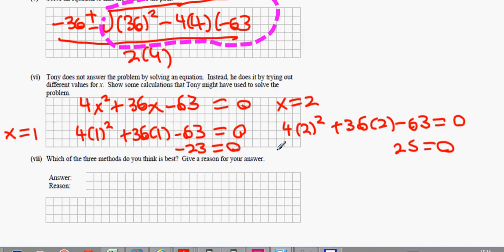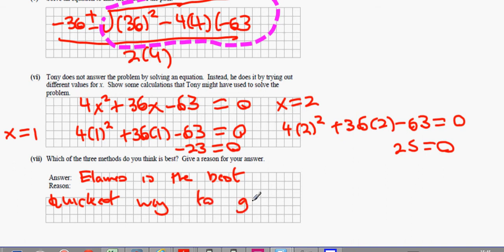Now, which of the three methods do you think is the best? Give a reason for your answer. Well, I think Elaine's is the best. And the reason why I think Elaine's is best is it's the quickest way to get the equation for the area.